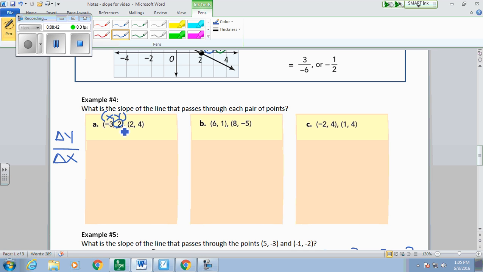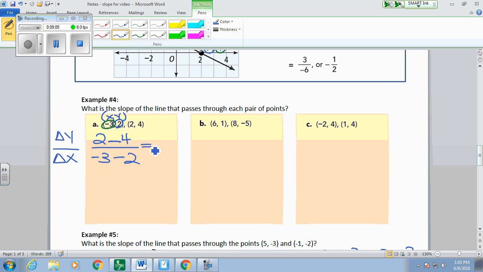I'm going to start with this 2 here. So that means I will go 2 minus 4. That will stay, hopefully. Divided by negative 3. I have to start with the negative 3 since I started with the 2. So negative 3 minus 2.